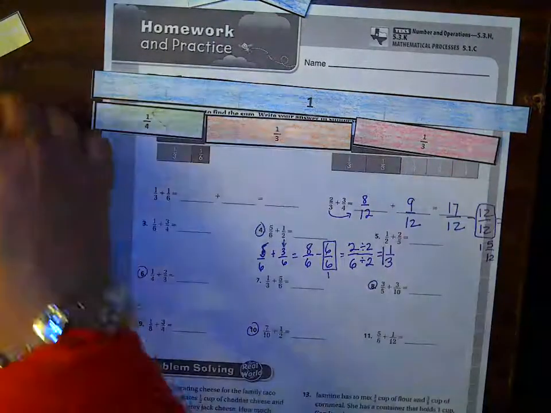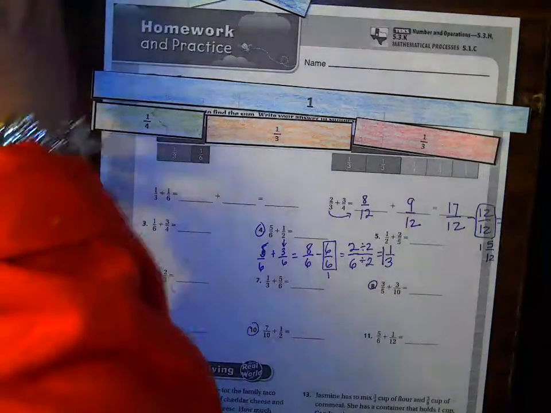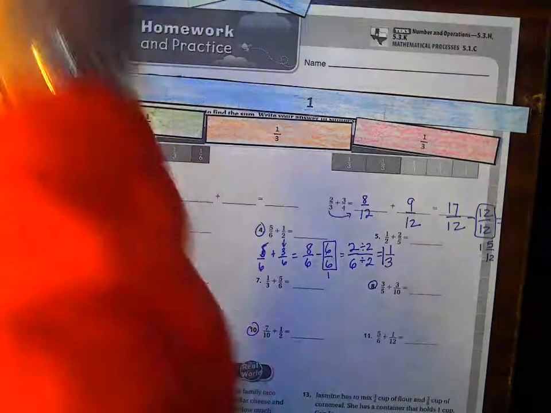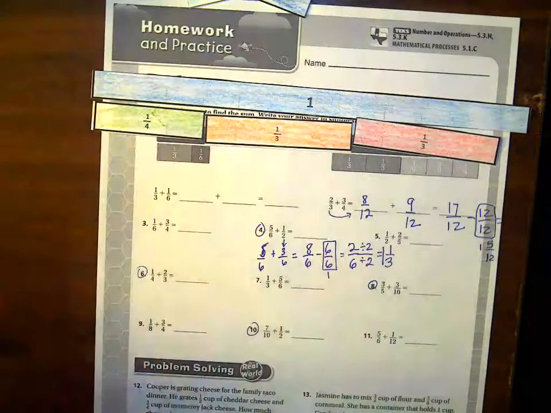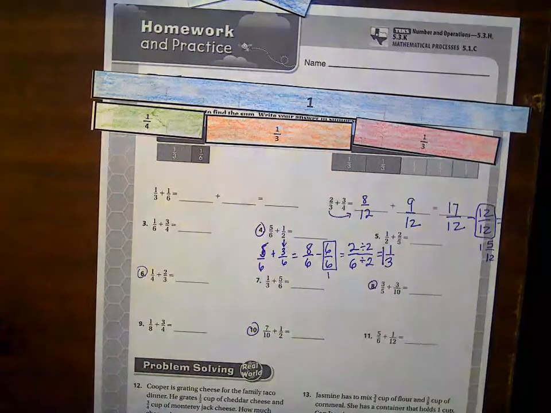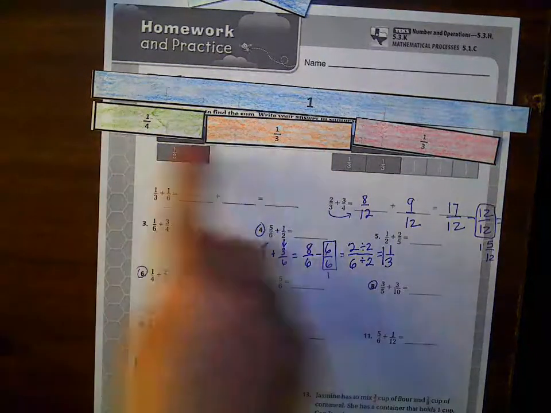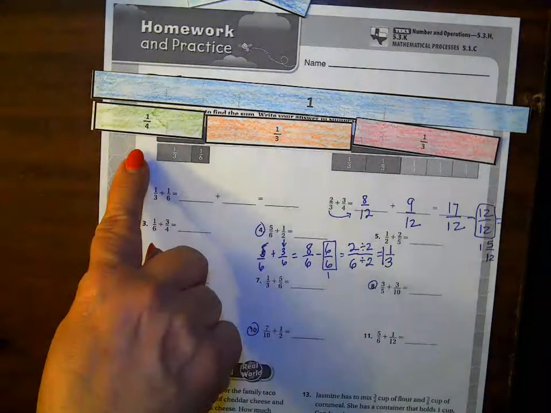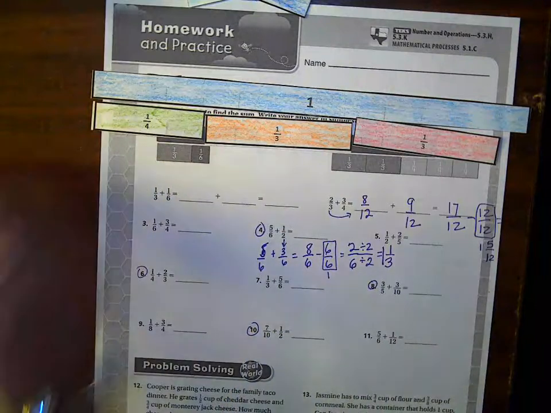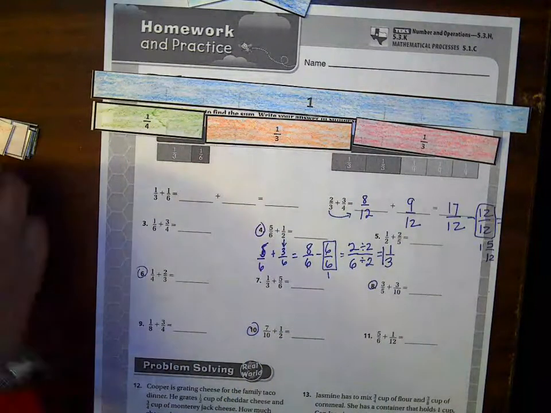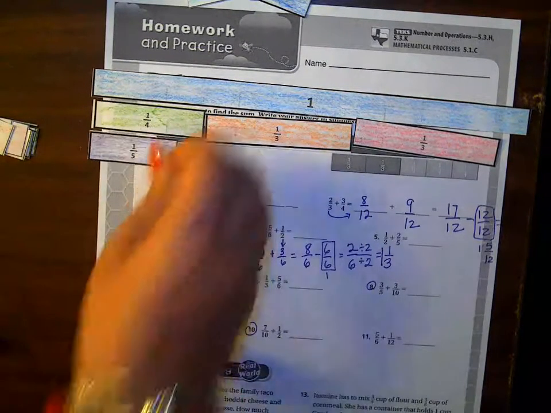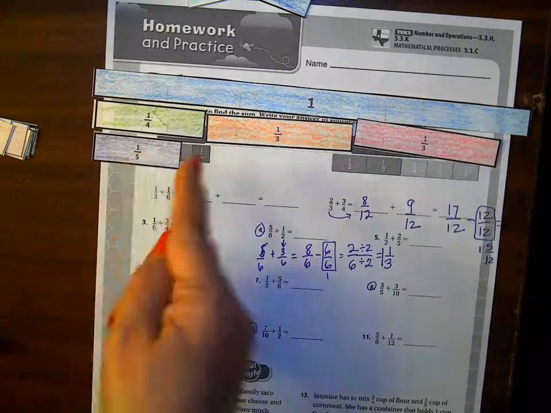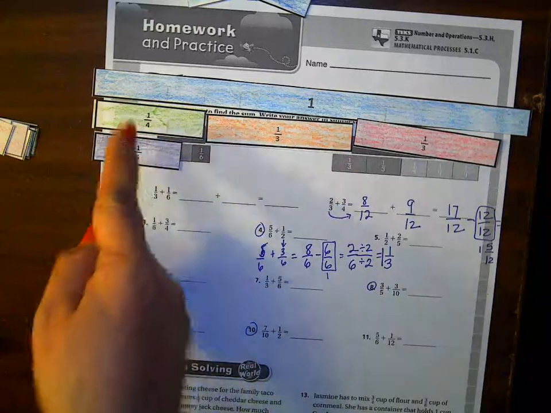Now I need to look. Which fraction bar can I use that will have the same denominator for both of these? Okay, I need to go smaller, so it means my number needs to go higher, right? So let me try the 1/5. Can't have 1/5 because it's smaller than the 1/4.